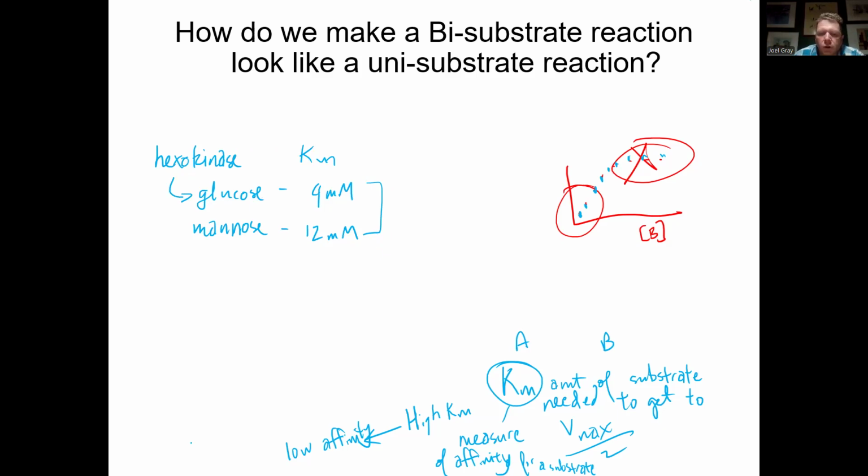It's probably something structurally about the enzyme, but that is signified by a lower Km. So lower Km means high affinity. A higher Km means low affinity. So right here, I'm going to add the other part. Low Km means high affinity.